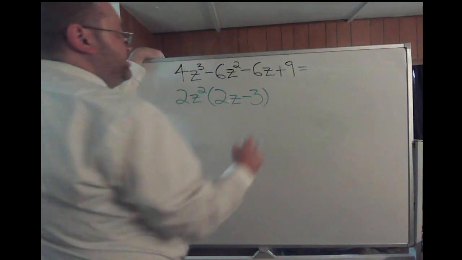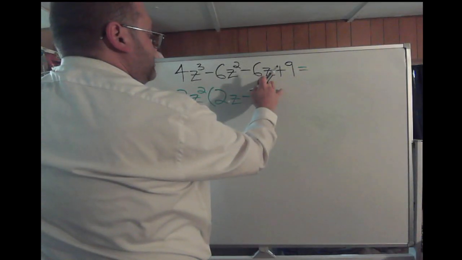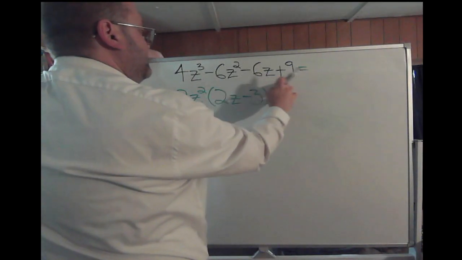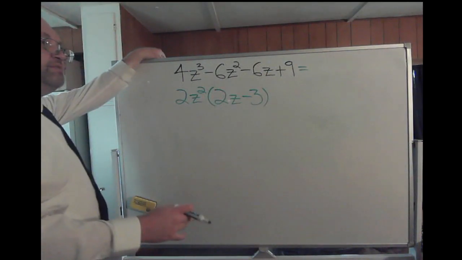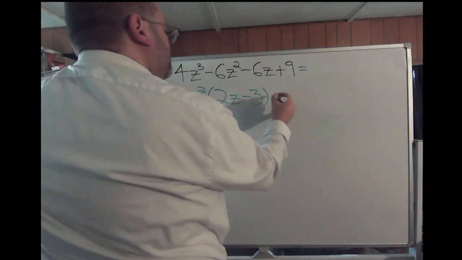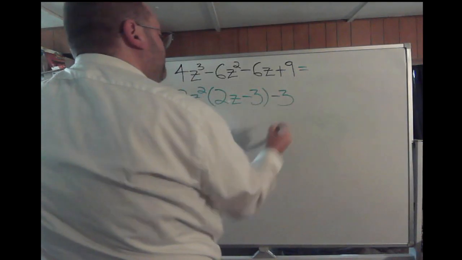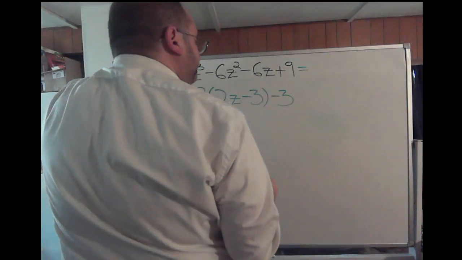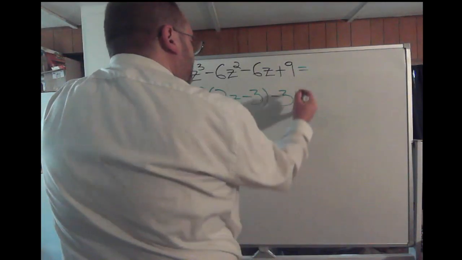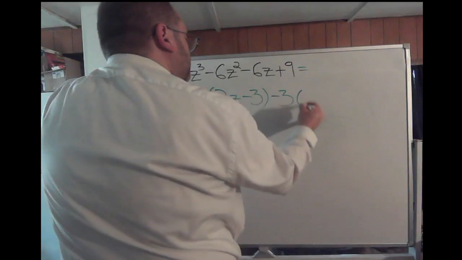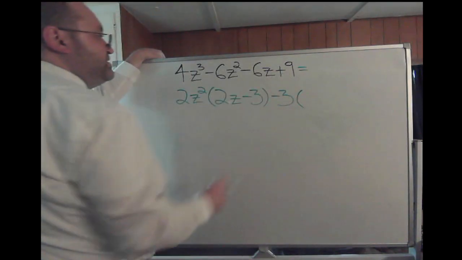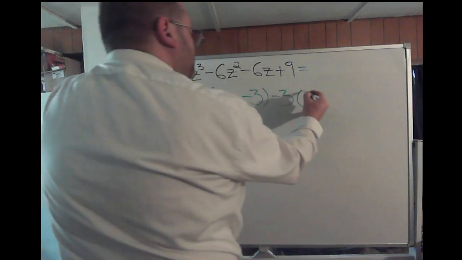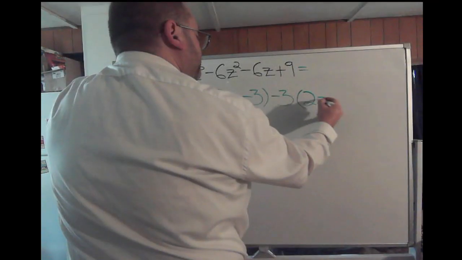Now, let's look at the second two terms. Between negative 6z and positive 9, what's the greatest common factor? We can do a negative 3. Negative 3 is definitely the greatest common factor. Now, negative 3 times what equals negative 6z? That'd be positive 2z.